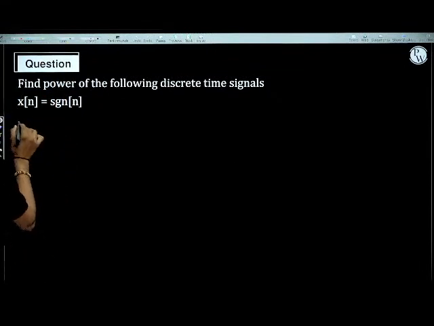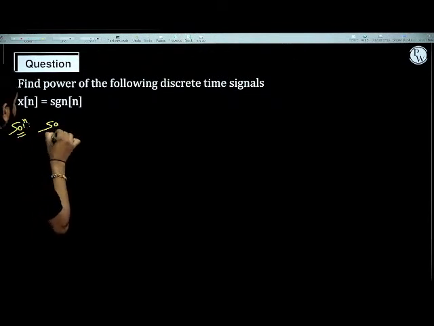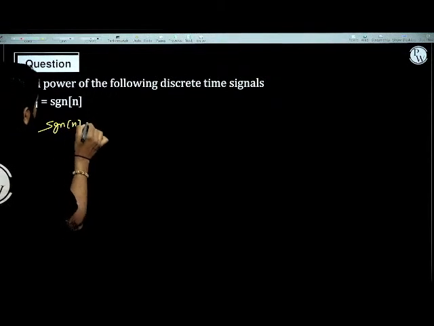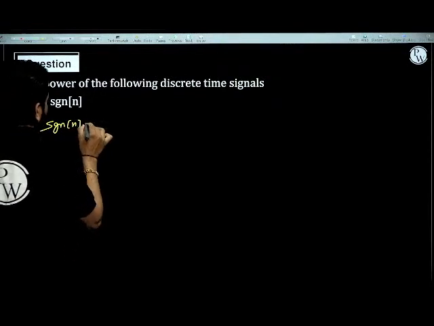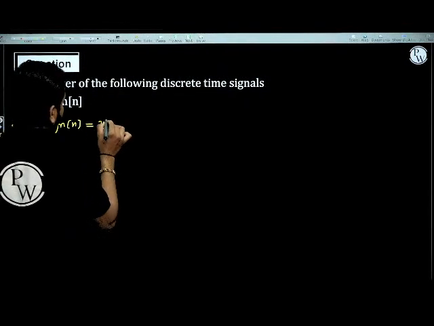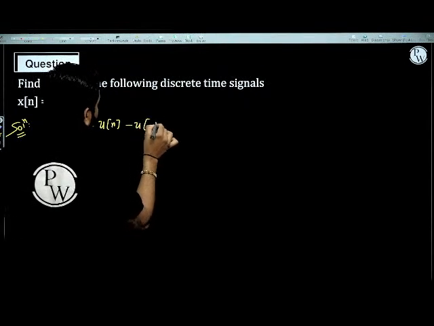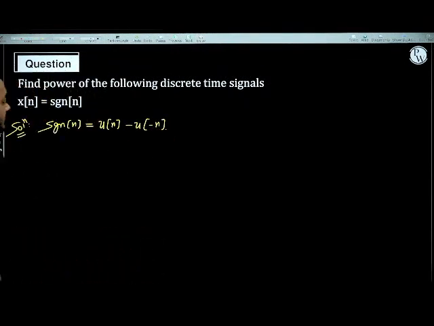The signum function is nothing but, already I told you guys, u of n minus u of minus n, correct? Yes or no? So what will be the power of the signum function? What is the square of the signum function?